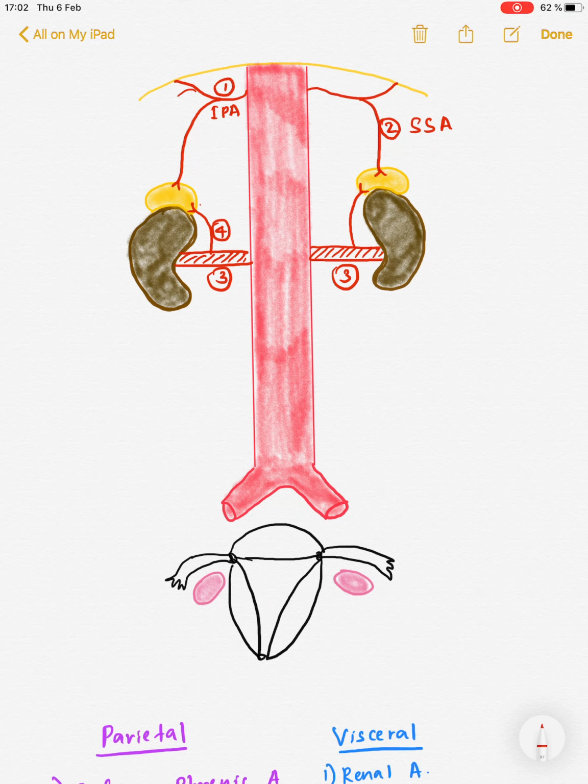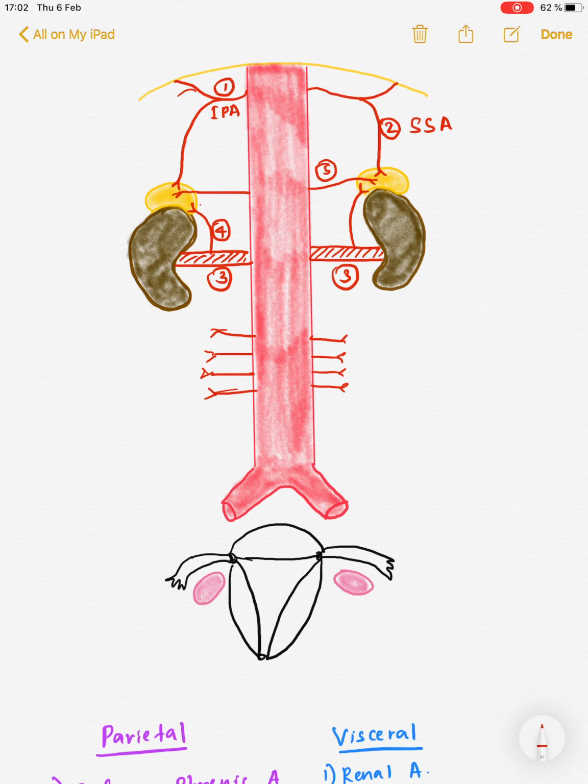suprarenal arteries. And then actually arising directly from the aorta we will have the middle suprarenal arteries. So I will write number 5, that is the middle suprarenal artery. And then we will have lumbar arteries symmetrically on both sides, giving blood supply to the abdominal wall.